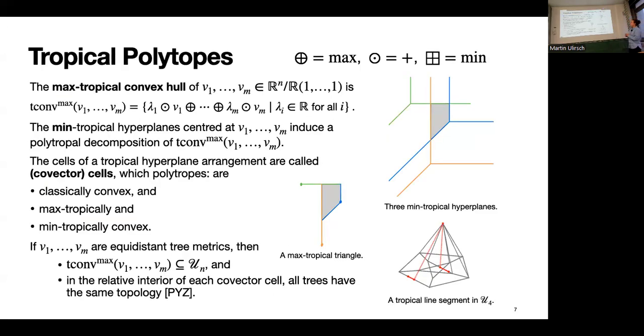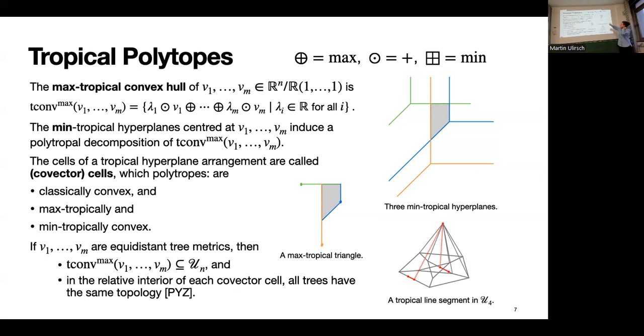Okay, so I said it's tropically convex, and now I want to explain a little bit about what that means, or what that gets us. The max tropical convex hull is the set of all tropical linear combinations using the max operation. There's this weird combination of min and max conventions: the max tropical convex hull is bordered by the min tropical hyperplanes.